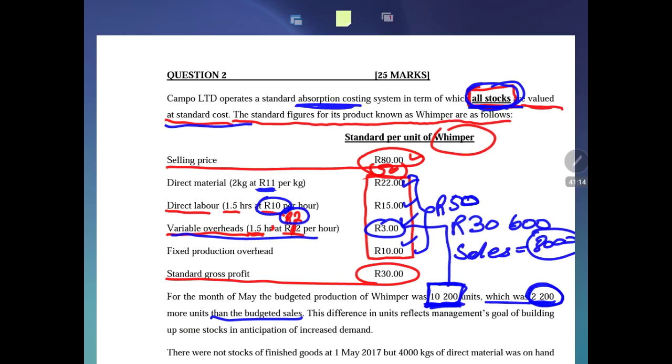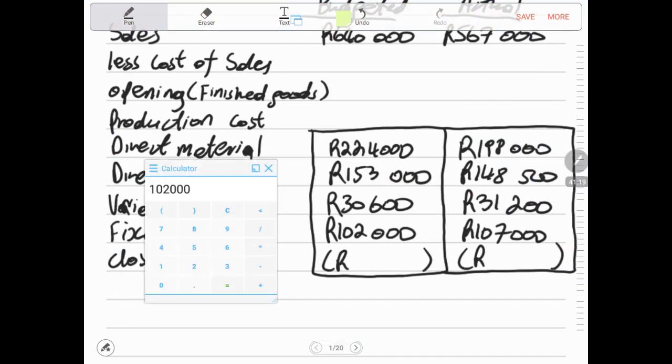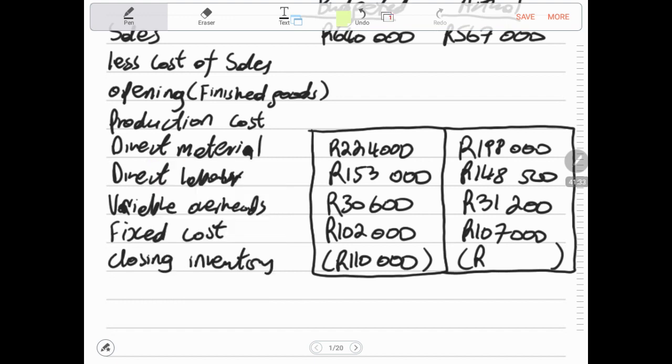So now when we're calculating the inventory at the end, it should be valued at standard cost because they said so. 2,200 multiplied by 50 rand gives us a total of 110,000 rands. This becomes 110,000 rands.